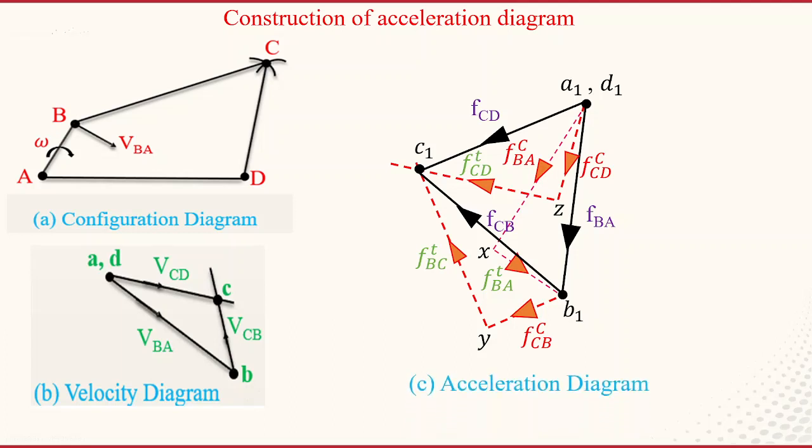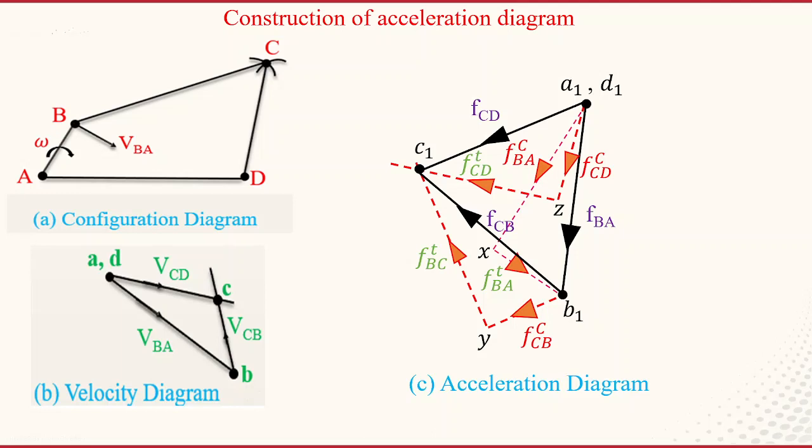Once you know the acceleration diagram, we can find what we want. The problem is asking for the acceleration of point C. It does not mention acceleration with respect to any other point, so we assume it is absolute acceleration and take the values from the fixed points. Here, A1 and D1 are the fixed points.